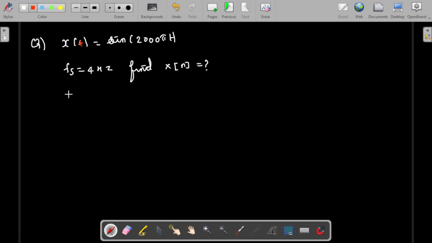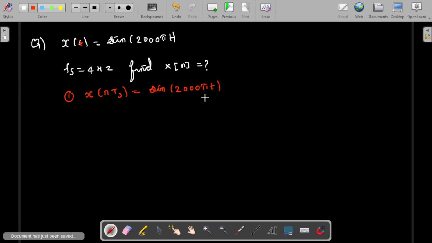First step, we put t equal to nTs, so x of nTs is equal to sine 2000 pi t.